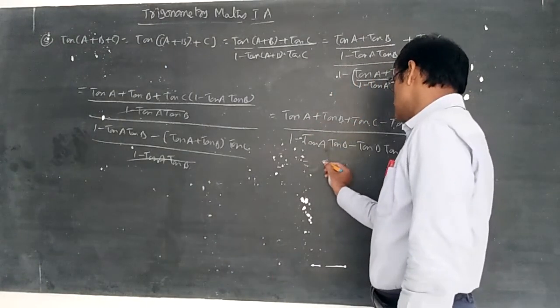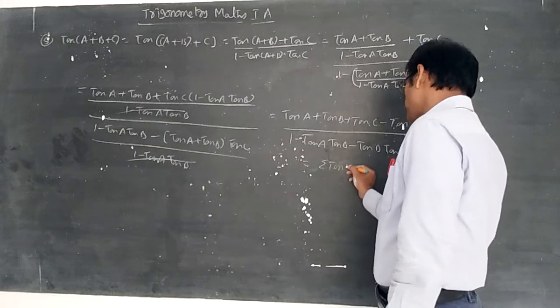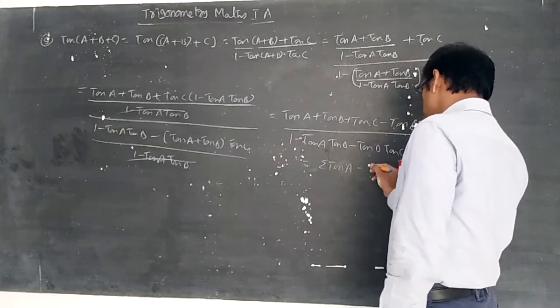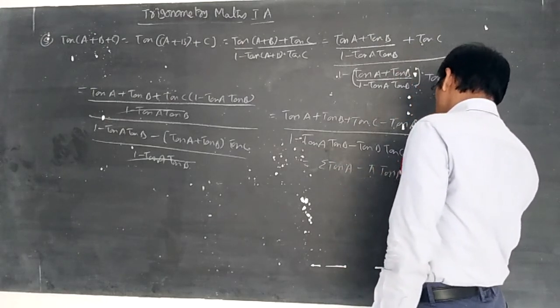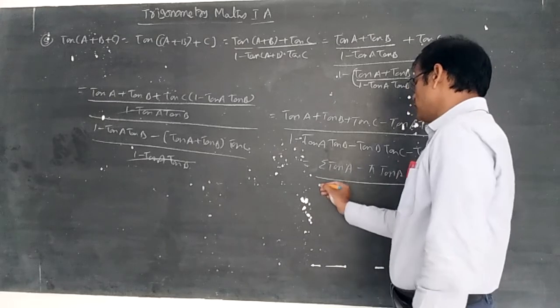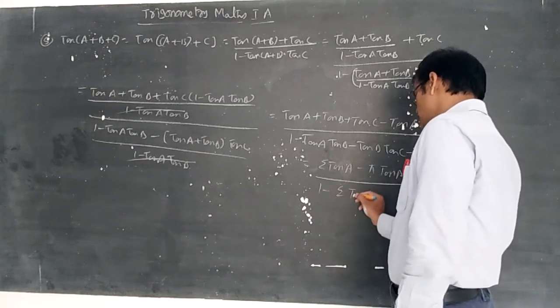This can be written as sigma tan A minus pi tan A, pi means product, by 1 minus sigma tan A tan B.